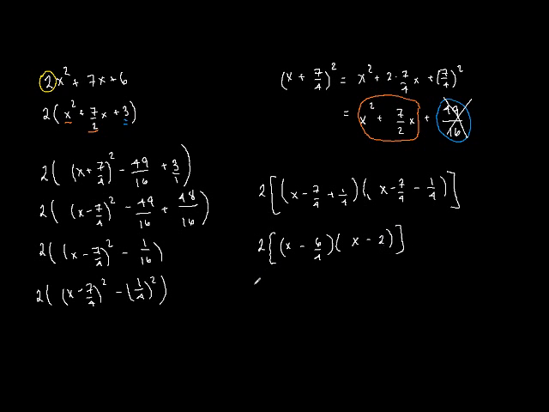So now that I've simplified all this, I don't actually need the big square brackets over here. So I'm going to get rid of them. Let's get rid of this. I don't need this. And let's get rid of this. I don't actually need it. The 2 is still multiplying.